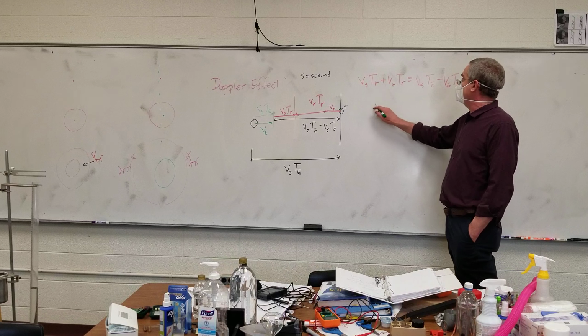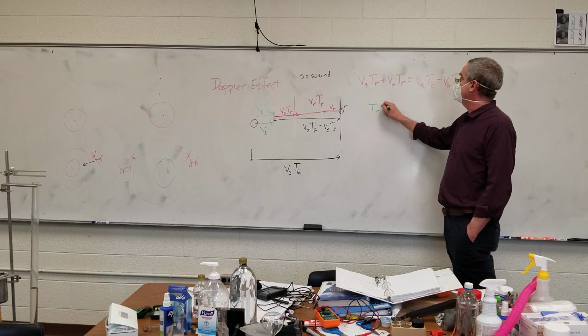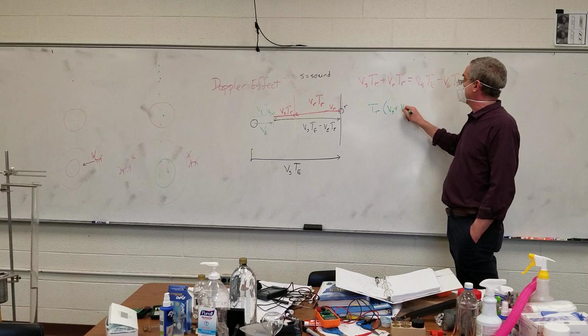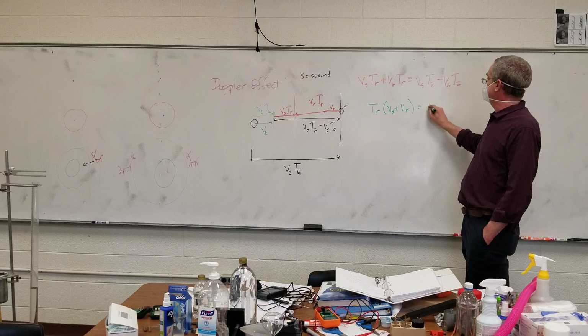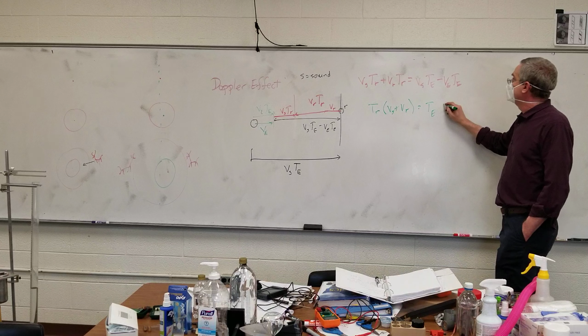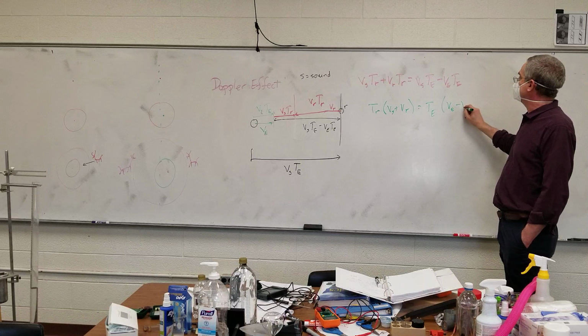Let's factor out what we can. So we have t_r times (v_s plus v_r) is equal to, over here, t_e times (v_s minus v_e).